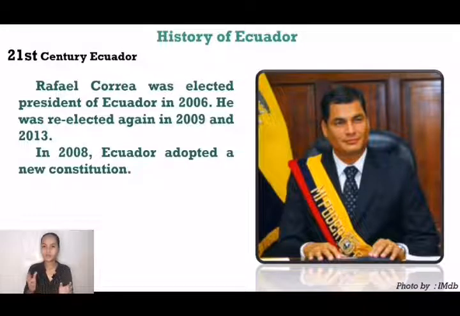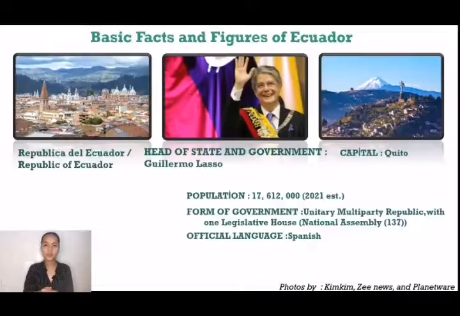So let's now move on to the basic facts and figures of Ecuador. Ecuador is also known as República del Ecuador, Republic of Ecuador. Head of state and government, president, was Guillermo Lasso. Capital is Quito.